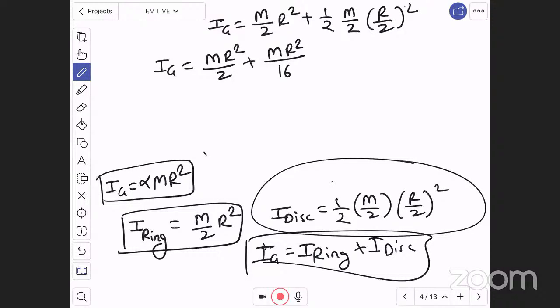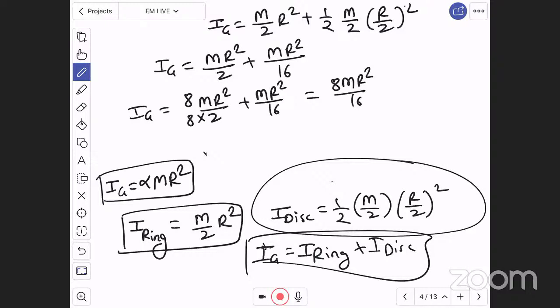Therefore, Ig will become equal to mr square by 2. Now, if I multiply here with 8 and divide with 8, there is no problem. Plus mr square by 16, which is nothing but 8 mr square by 16 plus mr square by 16. School level mathematics.